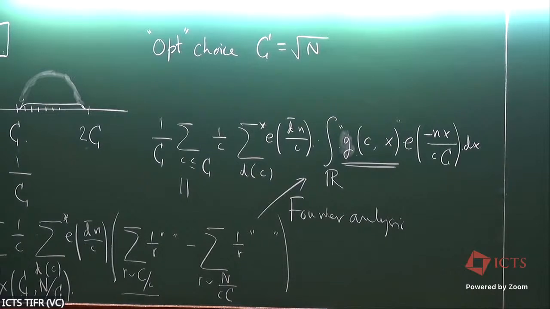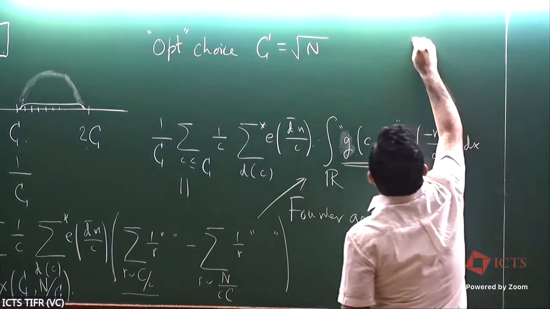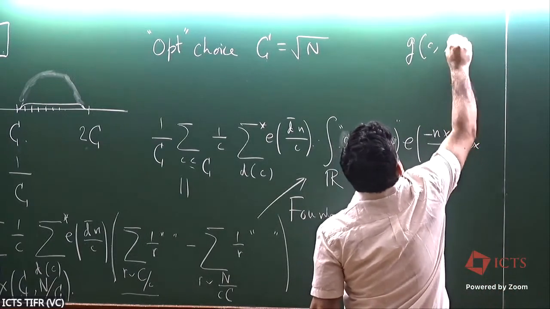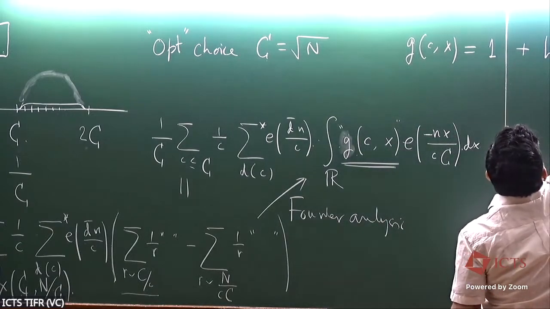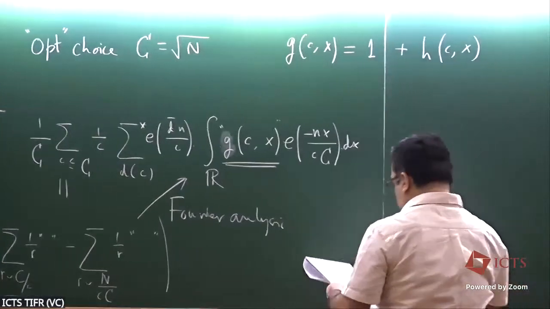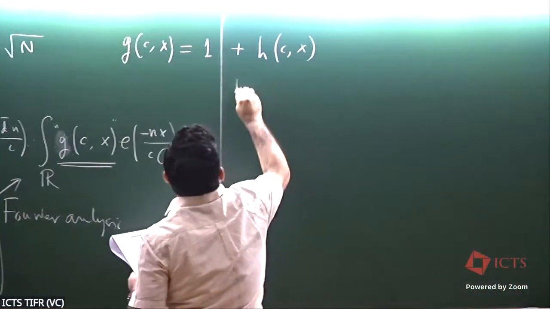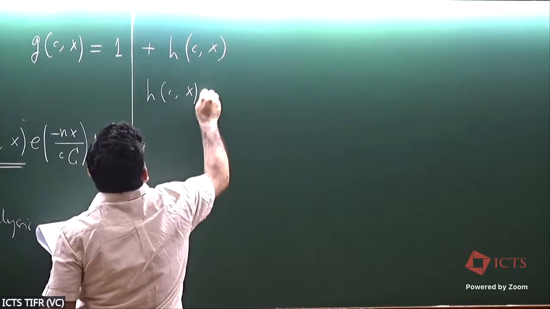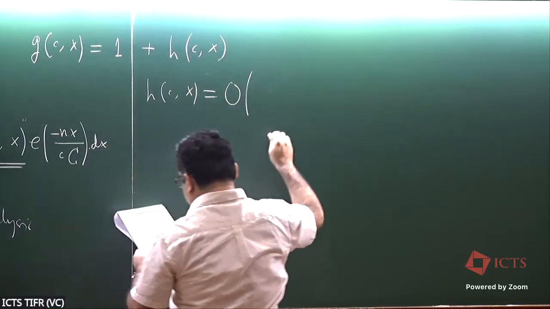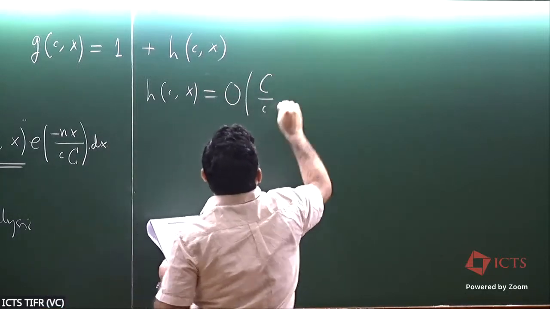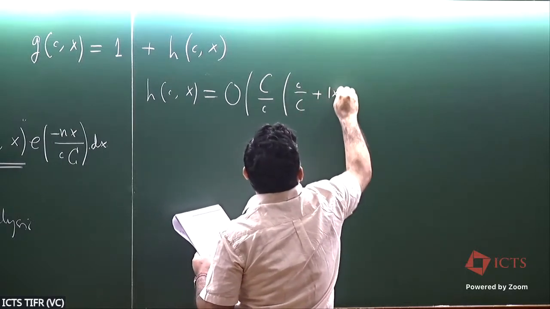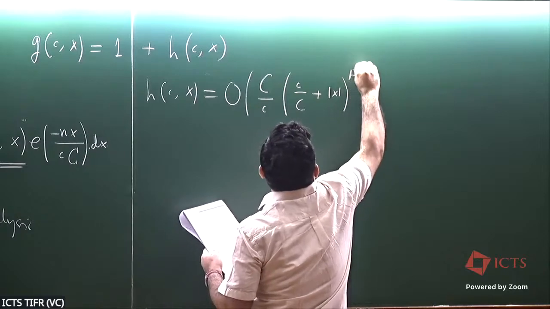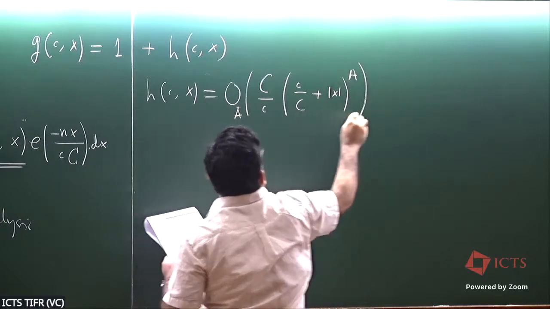The point is that this function g is almost like 1. So g(c,x) is almost like 1, but not really 1. It's 1 plus h(c,x), and this h(c,x) is a big O, bounded by C by small c, and then small c by capital C, plus the absolute value of x, to the power a, for any a greater than 1.